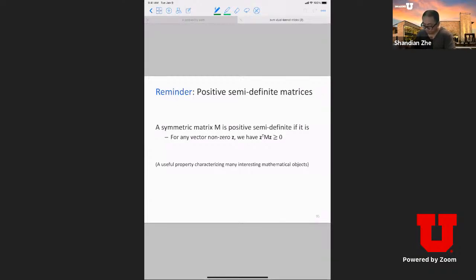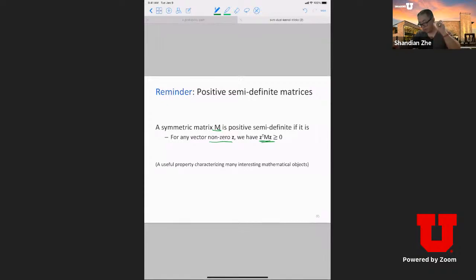We say a symmetric matrix M is positive semi-definite if for any non-zero vector z, the quadratic form is non-negative. z transpose M z is a scalar, so that's where we say it is non-negative. It's not a vector, it's not a matrix, it's a scalar. This positive semi-definiteness has a strong connection with the properties of the matrix itself.